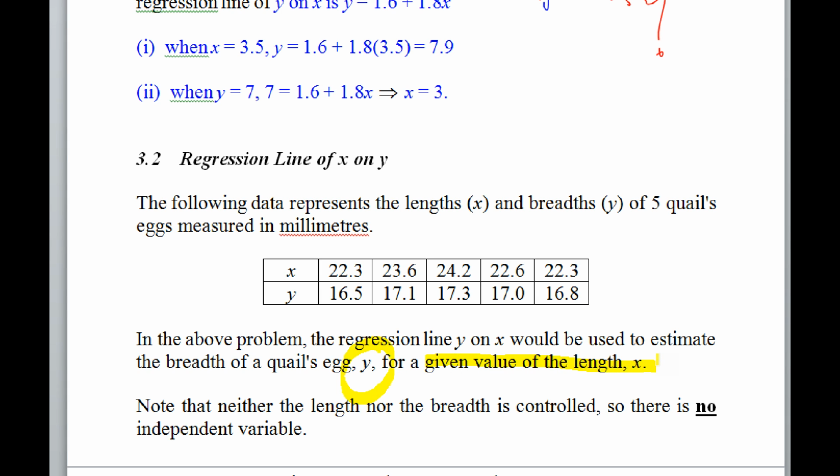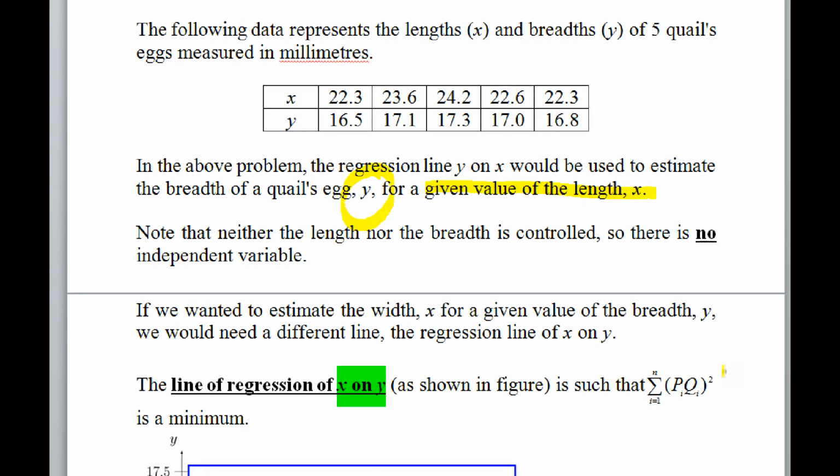If you want to estimate y given a particular value of x, you will still continue to regress y on x. Now, note that there is no control variable, so there is no independent variable.